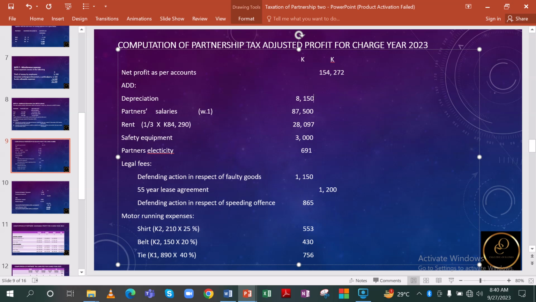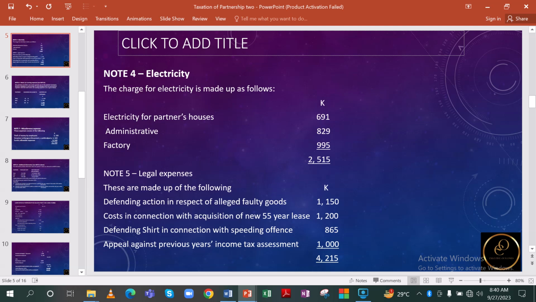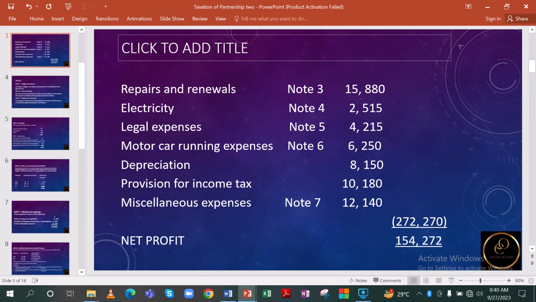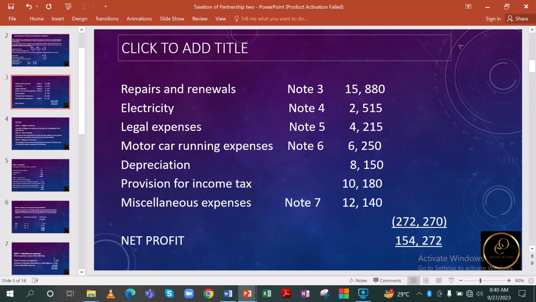We go on to look at the next item in the income statement. What does the income statement tell us? We are told that there is depreciation of 8,150. Depreciation is specifically disallowed.